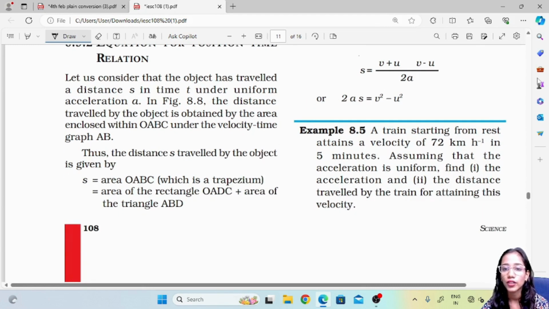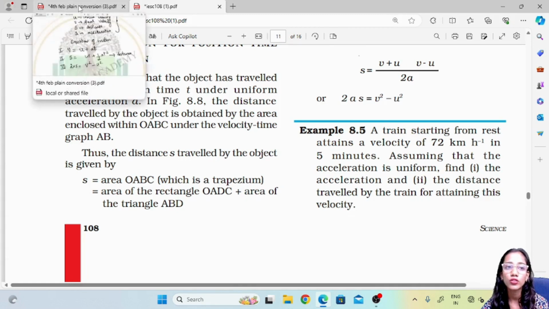Let us try to solve this. A train starting from rest attains a velocity of 72 km/h in 5 minutes. Assuming that the acceleration is uniform, find the acceleration and the distance travelled by the train for attaining this velocity.